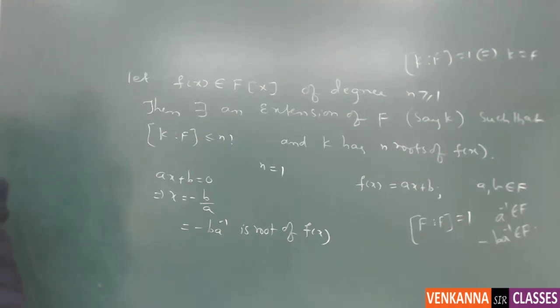So apart from taking K as a separate set, I have taken K as F itself because F possesses the root. Here the extension is not a different set, it is F itself because F is a subset of F. Are you clear or not?